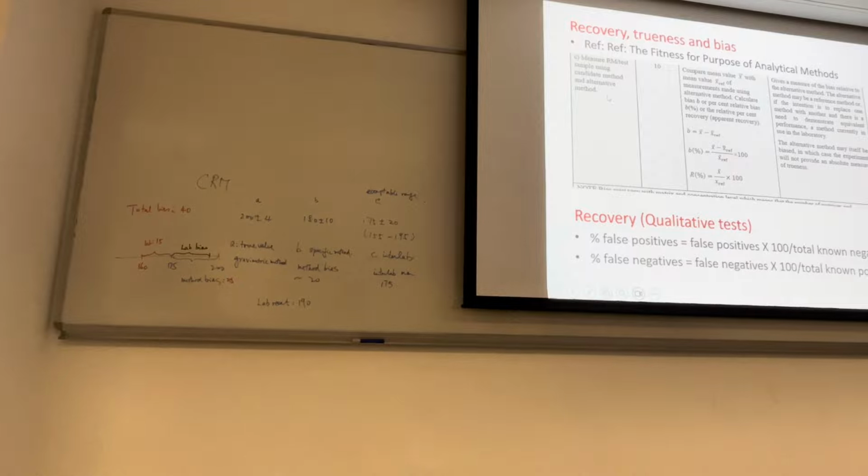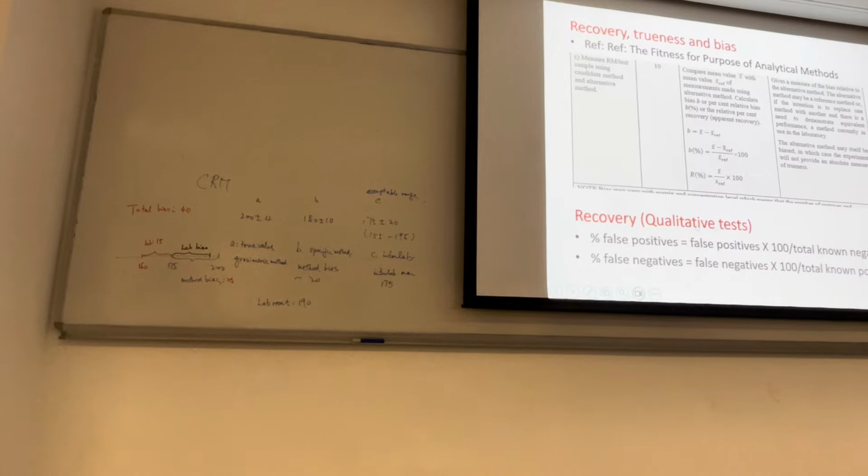The third approach is to measure the CRM or spike using an alternative method. Normally, we will not carry out this part. If you have one method already, why bother to prepare another method, okay?